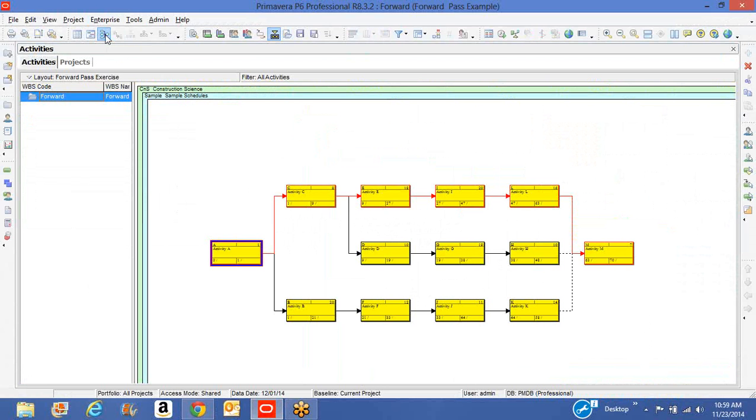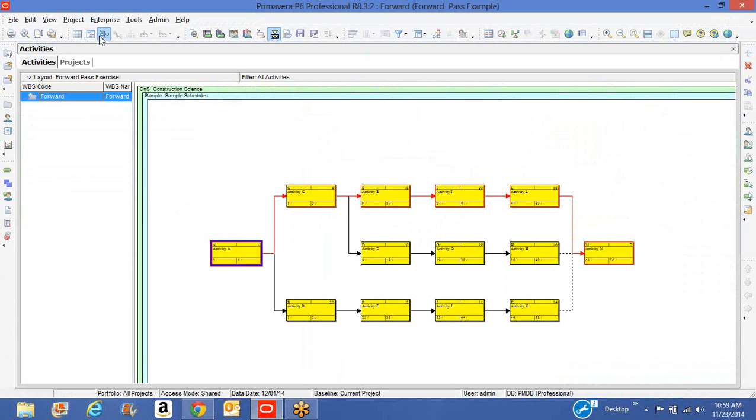So in my original network, when you're looking at it as a bar chart, some of these activities have very short durations. The very first activity is just 1 day. And that's hard to see on a network diagram that's time-scaled, because the time scale will shrink down the durations relative to the other activities.